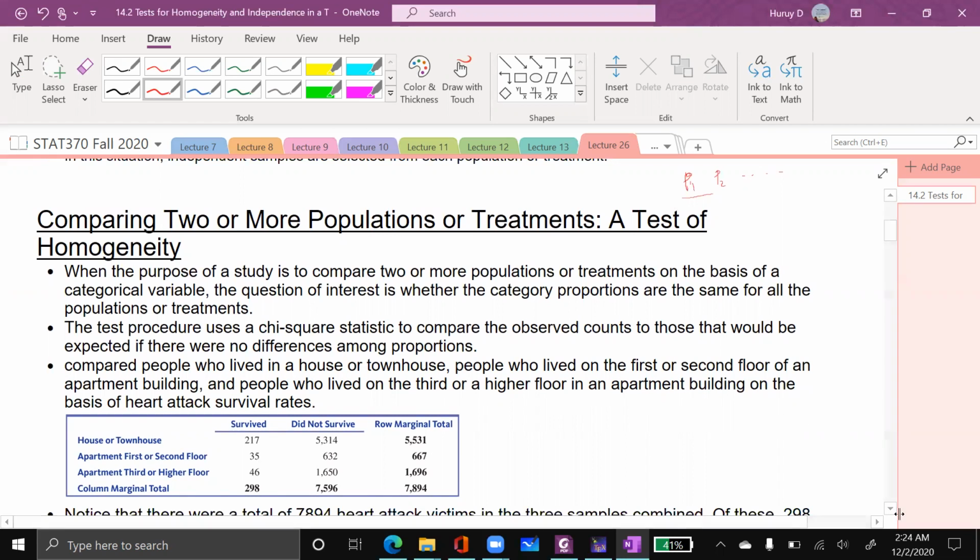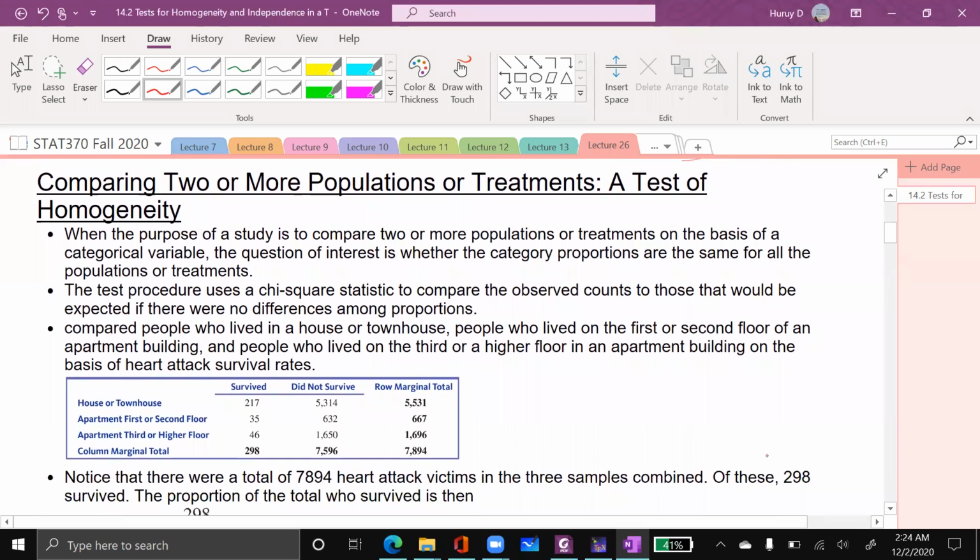Okay, for example, here we have: compare people who lived in a house or townhouse, this is one group, people who lived on the first or second floor of an apartment building, another group, and people who lived on the third or higher floor in an apartment building, on the basis of heart attack survival rates.